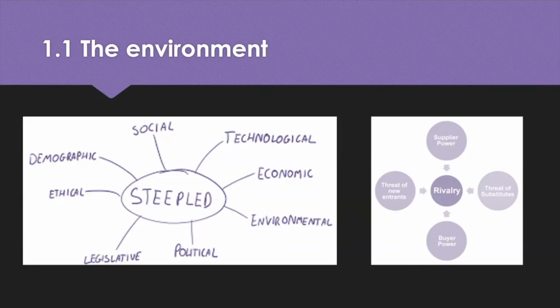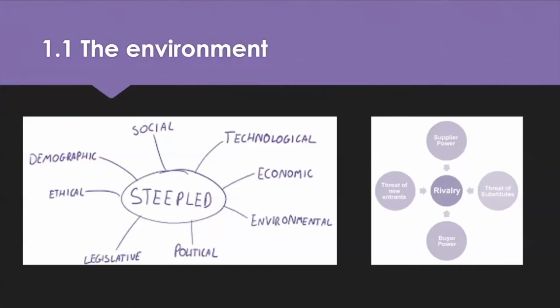The legislative looks at compliance with regulating bodies, unions, and laws relating to contracts for employment. Ethically, the necessary reporting procedures and the impact of reputations on business success as well as confidentiality. And demographically looks at the total population makeup, looking at ethnic diversity, age group dynamics, gender differences and population shifts.